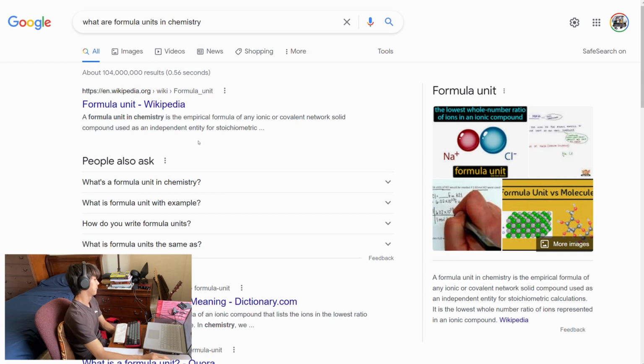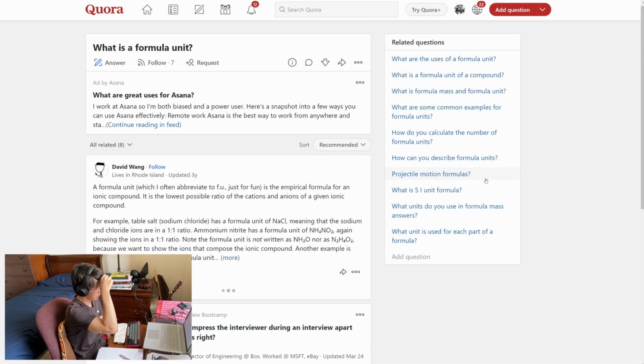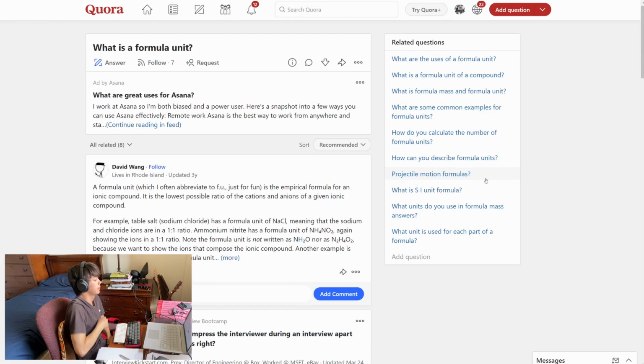The what? Empirical formula. It's the lowest possible ratio of the cations and anions of a given ionic compound.